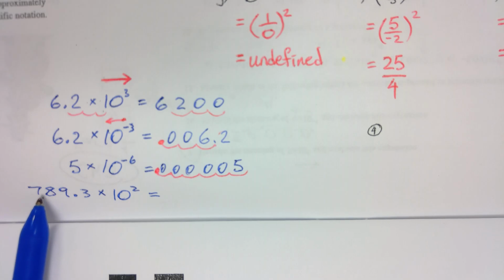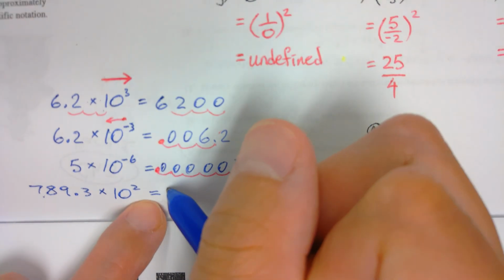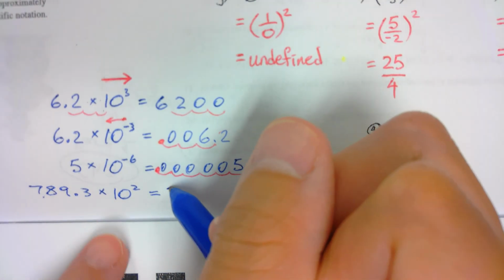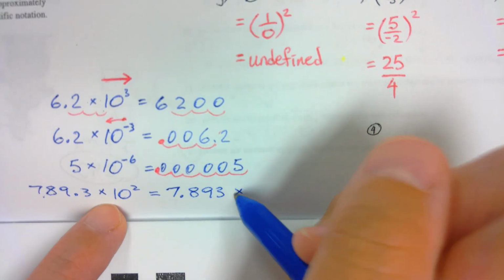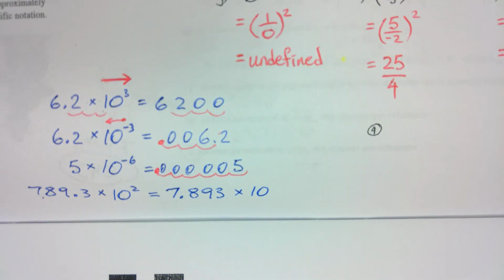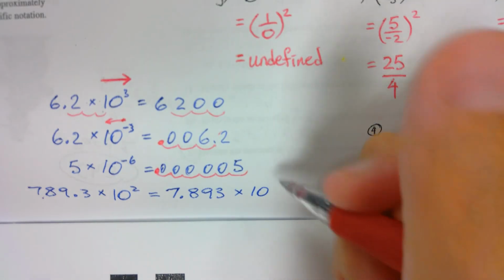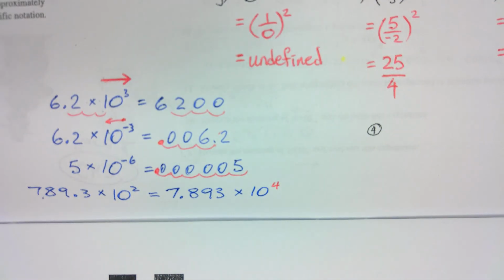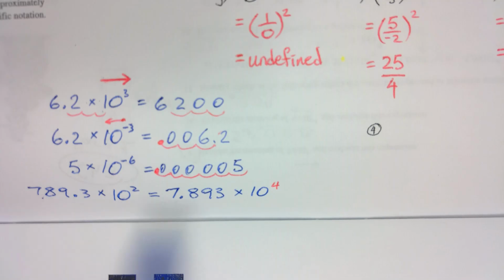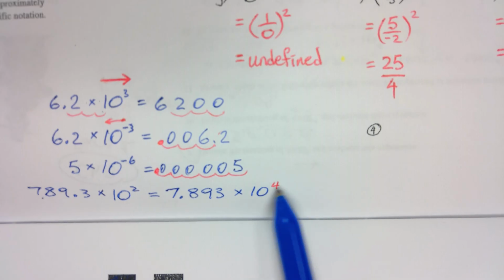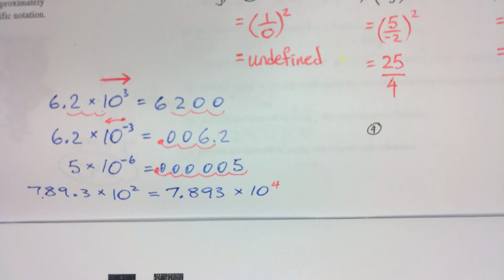So instead, I should rewrite this as what, Eric? 4. Good job. Why it changed to 4 is because I moved the decimal place to the left twice. So that means to get to 78,930, I have to make it times 10 to the 4 now. So add 2 onto this.